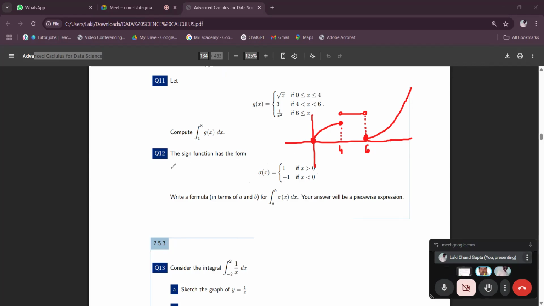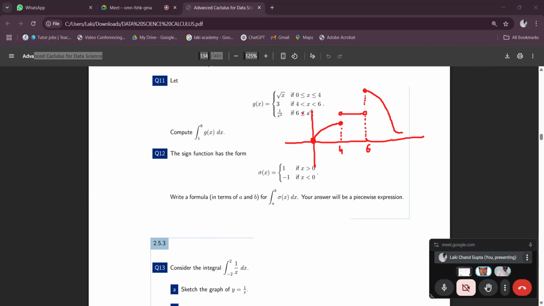Yes, thank you. Right, this is the graph. This is a closed interval. Understood? Yes, understood.